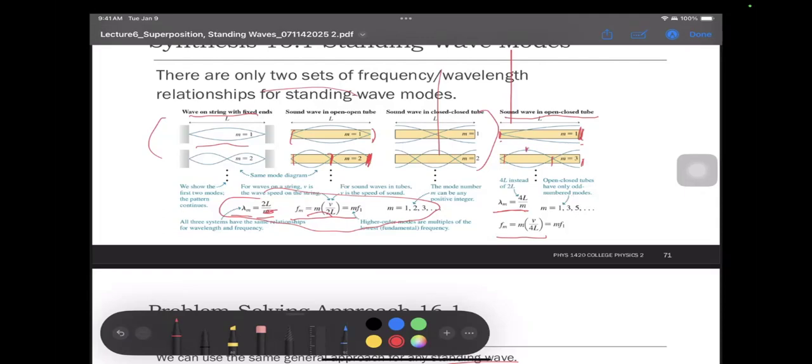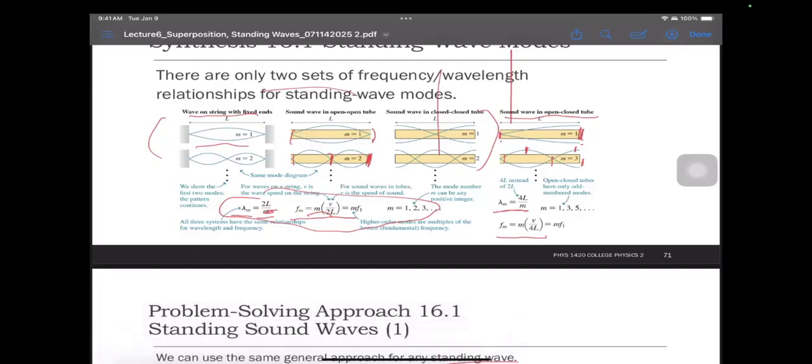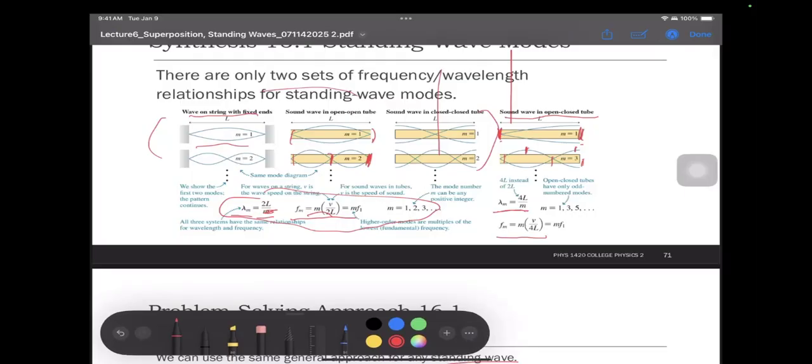For the antinodes, there should be an odd number. There will not be an even number. Does it make sense to you? Otherwise, one side is a node, the other side is an antinode, it will be impossible for this situation.